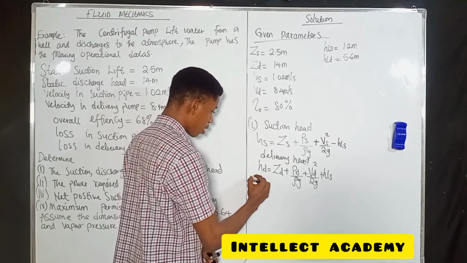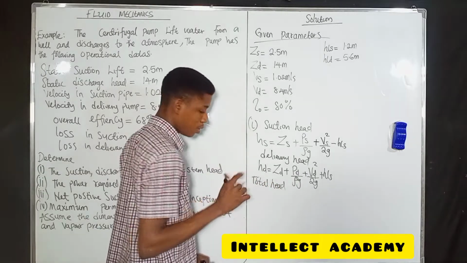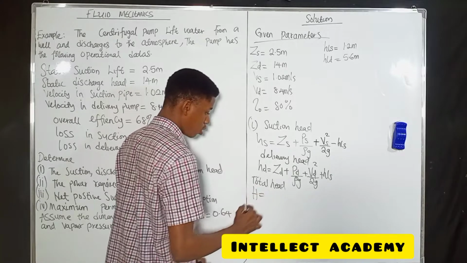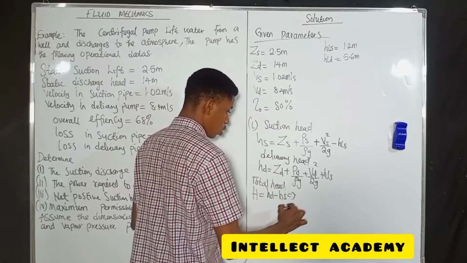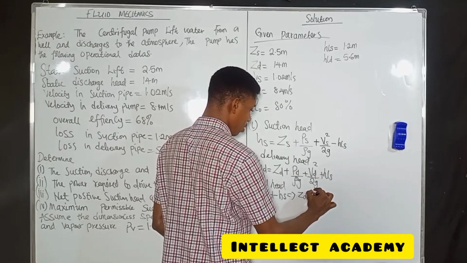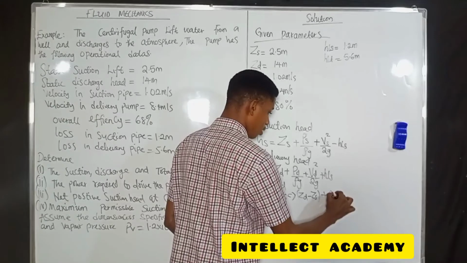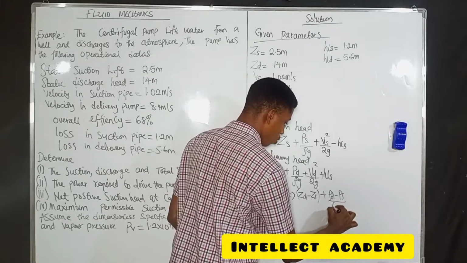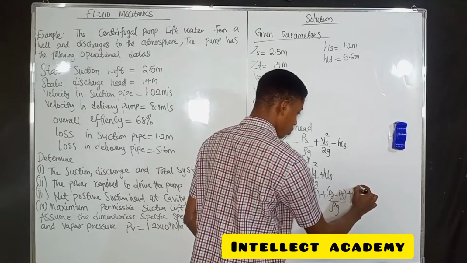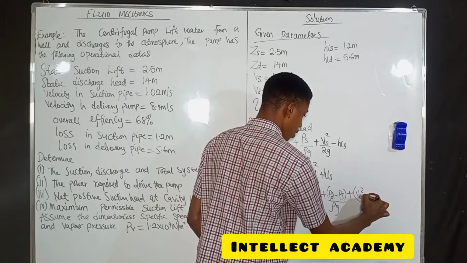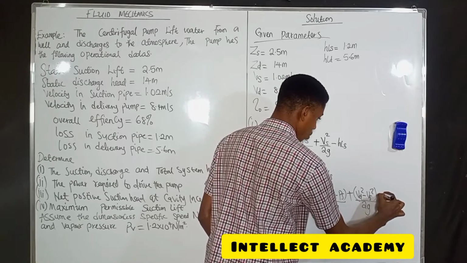We also said that the total head is given by this expression. The total head H is equal to HD minus HS, which we also know is equal to (Zd minus Zs) plus (Pd minus Ps) over rho g, plus (Vd squared minus Vs squared) over 2g, plus HLD.